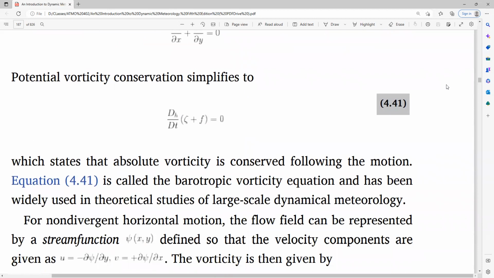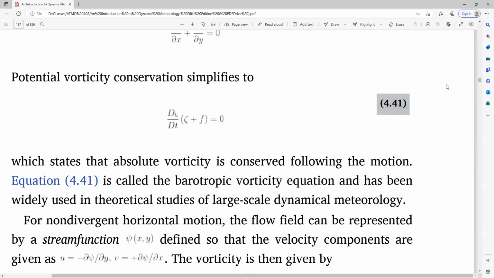So you can have potential vorticity conservation for pure horizontal flow without change in the area if there are no mountains. So you get this equation, without mountains, over flat terrain.